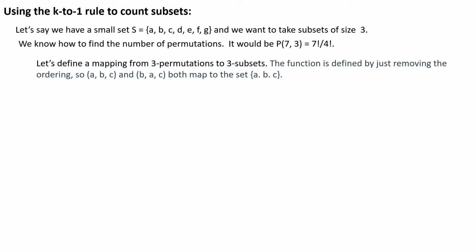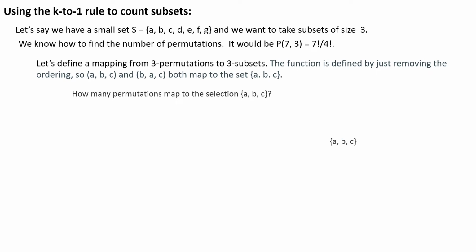So the permutation with A first, then B, then C we could say would map to that set, but also the permutation BAC would also map to the set if we've just defined this function as removing the order. Okay? So how many permutations would map to the selection ABC?